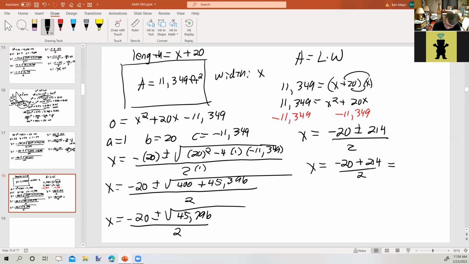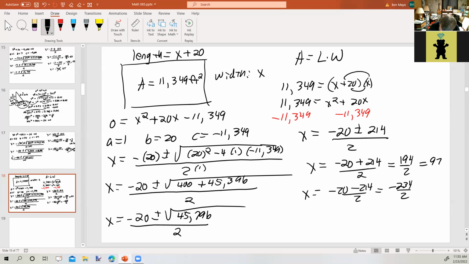And let's see. That's going to be 194 over 2, which is 97. Negative 20 minus 214 over 2. So negative 20 minus 214 is negative 234.